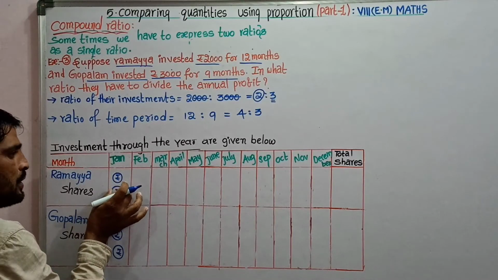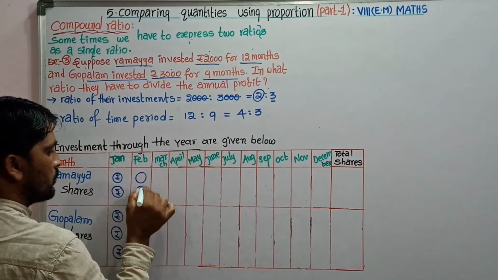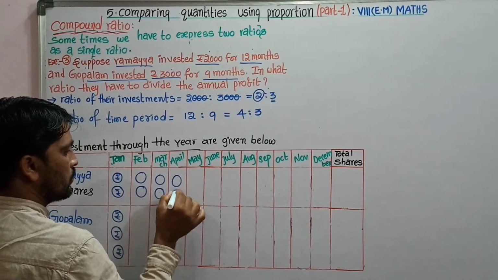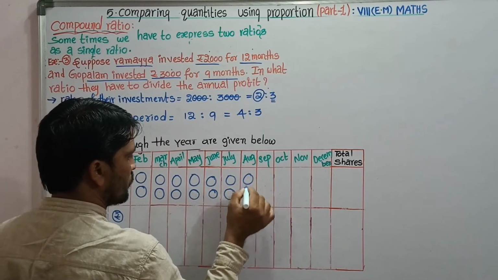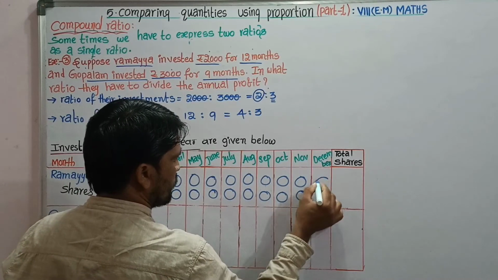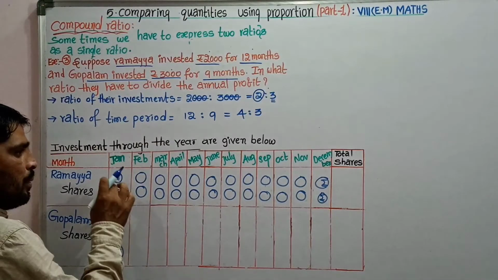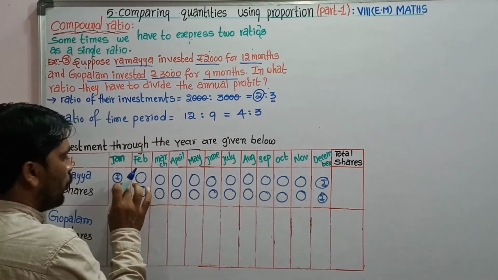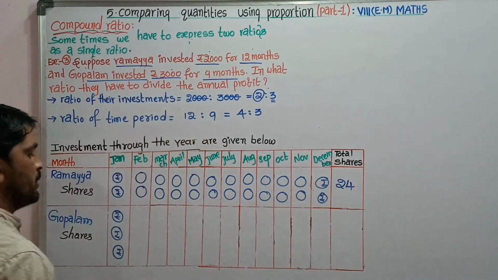And Ramaya did the business throughout the year, that is 12 months. So Ramaya's share is 2 units into 12 months, that is 24 units total share.